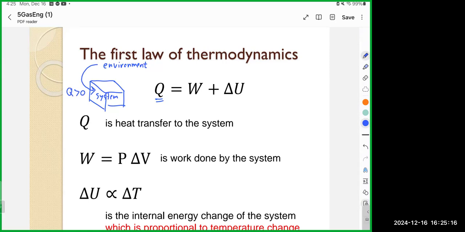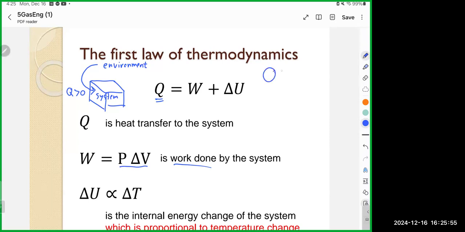The system will try to find a way to convert the heat from the outside to something else. In thermodynamics, there are two ways to convert. The first option is to convert heat into work for the system. And work of the system is defined by pressure multiplied by the volume change, which means the heat from outside can be changed to a higher volume in the system, right?